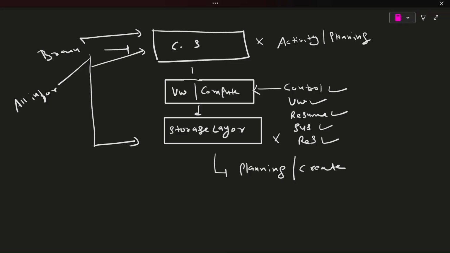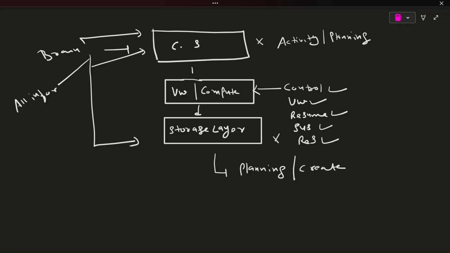Basically it has all the metadata, including metadata about your virtual warehouses. It also has all the metadata about your storage layer: which table maps to which micro partition, and which micro partition contains which data. So all the information is there with cloud services.